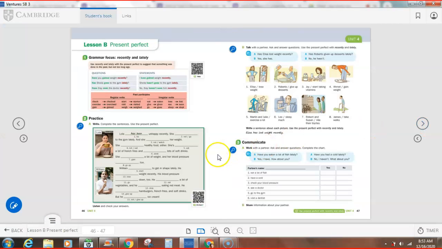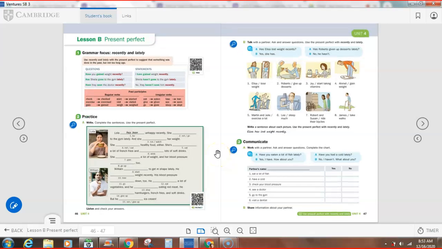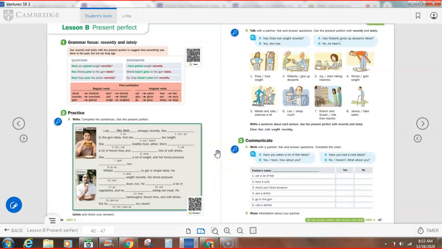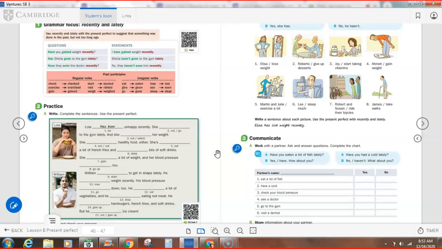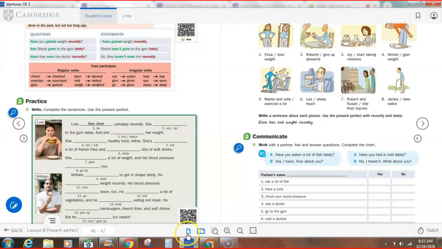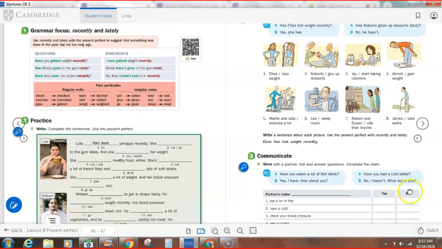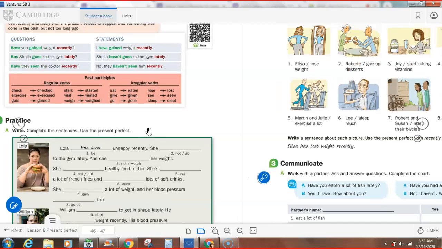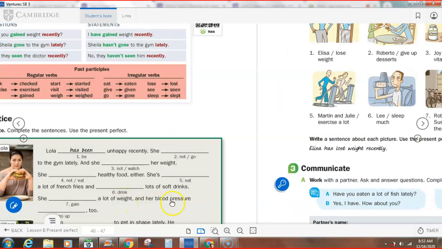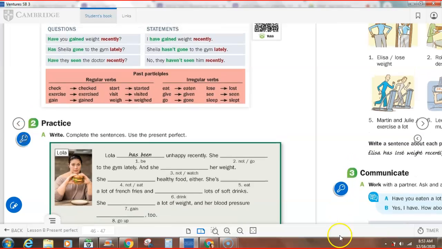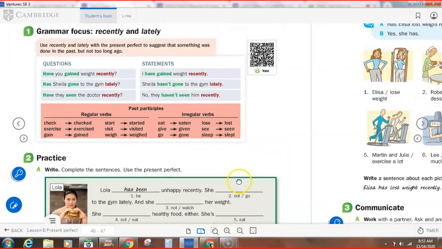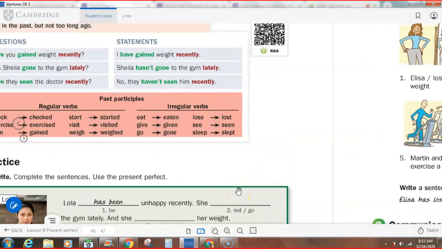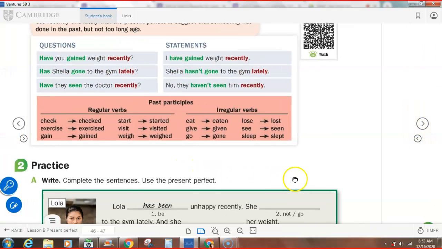And let's do a little review of present perfect. I want you to be able to see that well enough. Can you see that, Geetha? Yes.